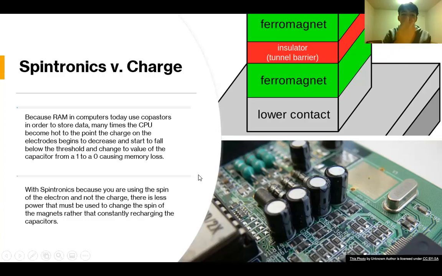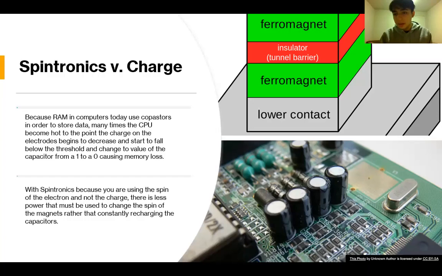With spintronics, because you are using the spin of the electron rather than the charge, less power must be used to change the spin of the magnet rather than constantly having to recharge the capacitors. Whenever one of the capacitors goes below the threshold and it's supposed to be above or at it, it has to exert power from its battery and constantly bring it back up to threshold.